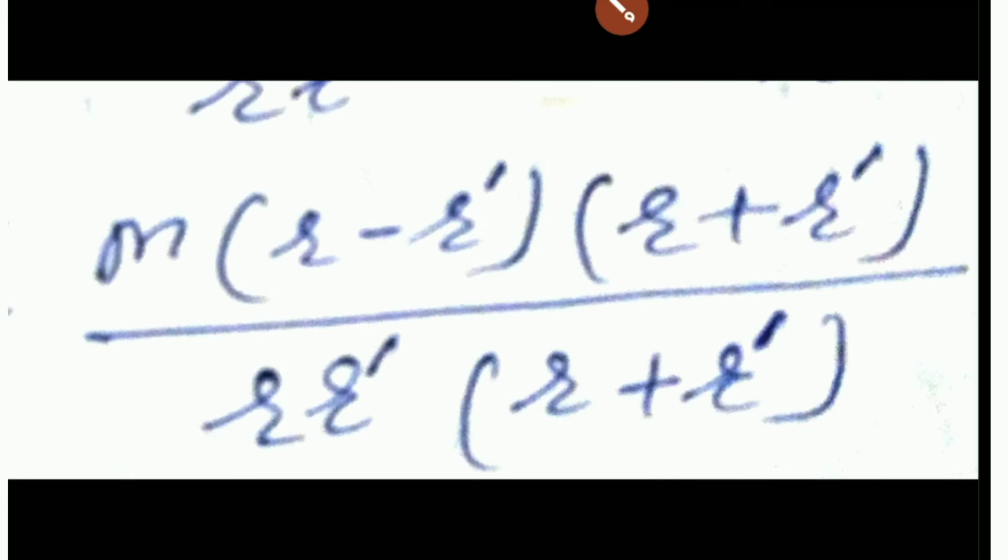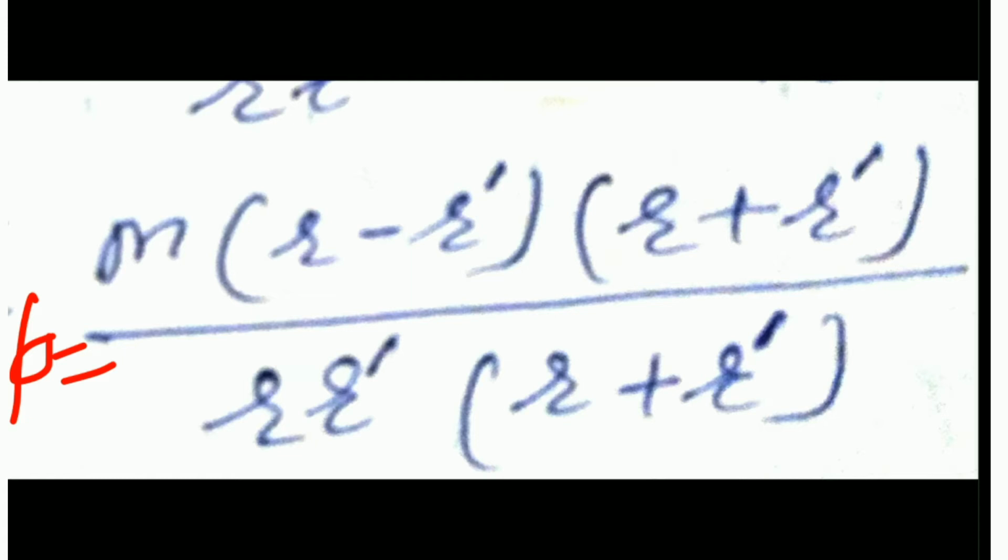Then what we get? We get phi is equal to m in bracket r minus r dash, r plus r dash, upon r dash in bracket r plus r dash.